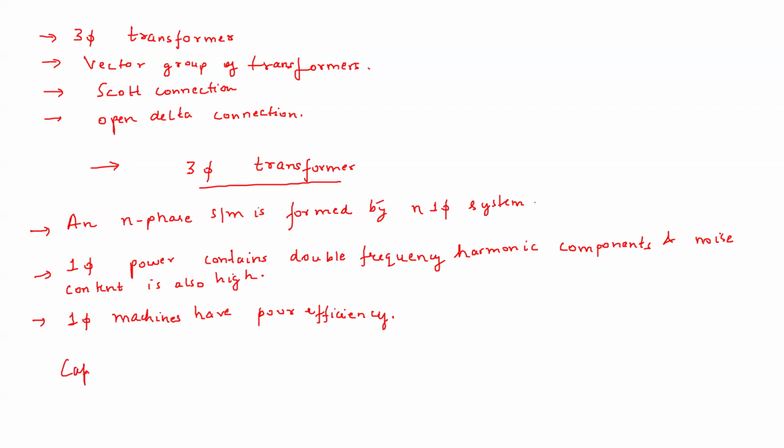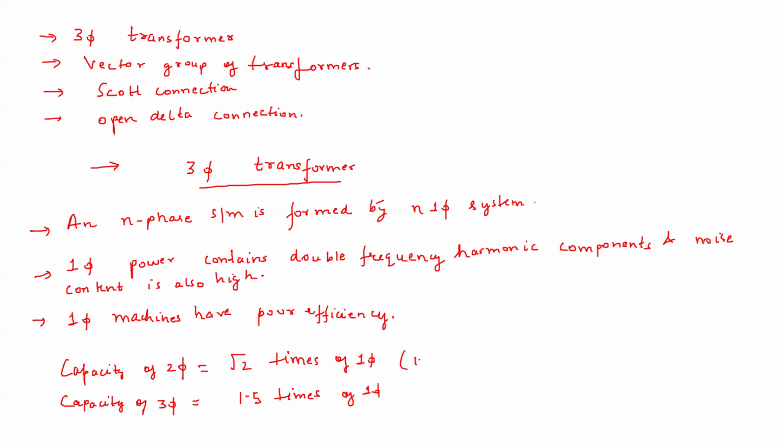So the capacity of a two-phase system is root 2 times that of single phase, and the capacity of a three-phase system is 1.5 times that of single phase. Okay, so root 2 times is how much?